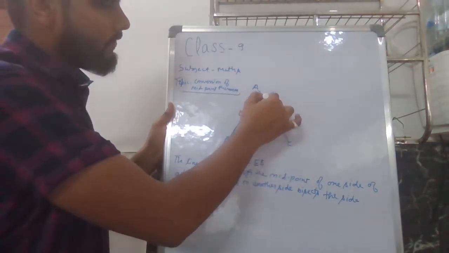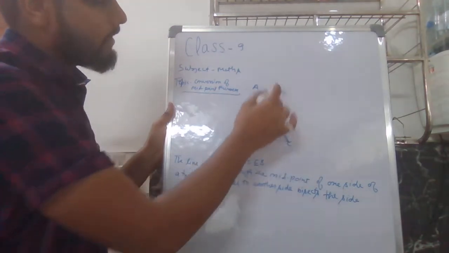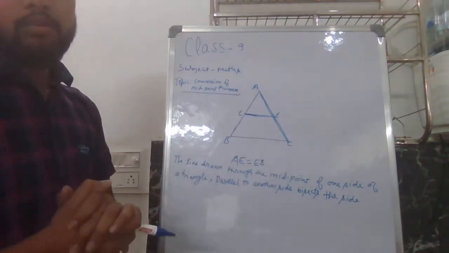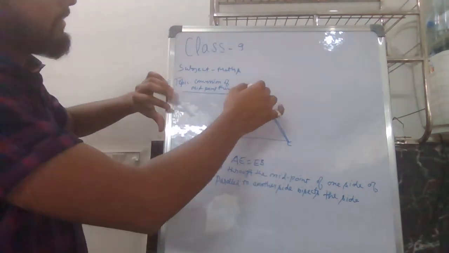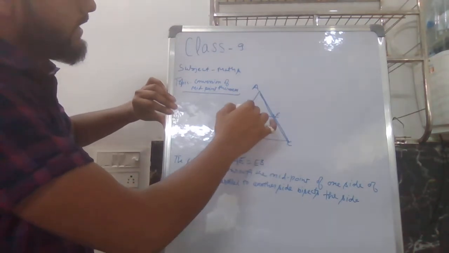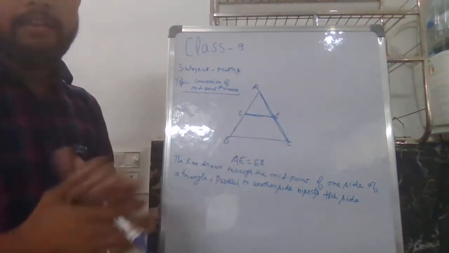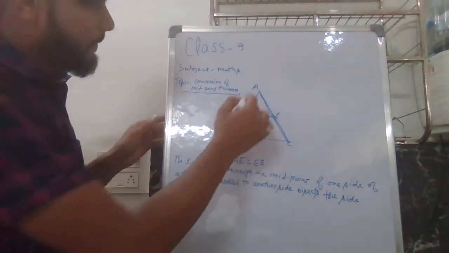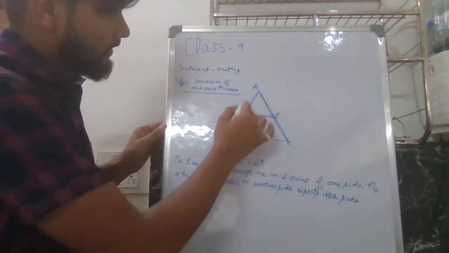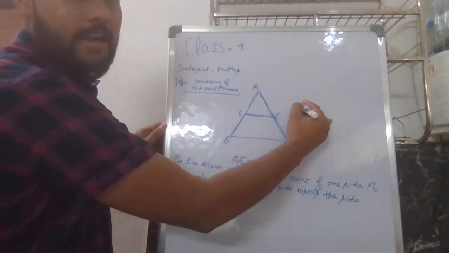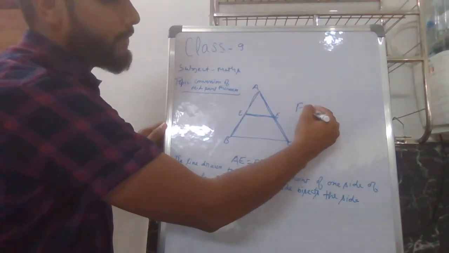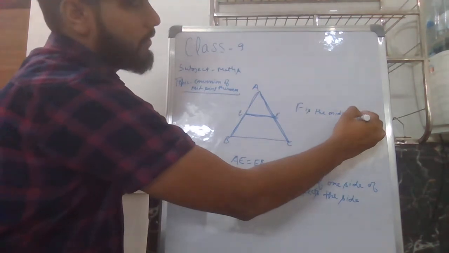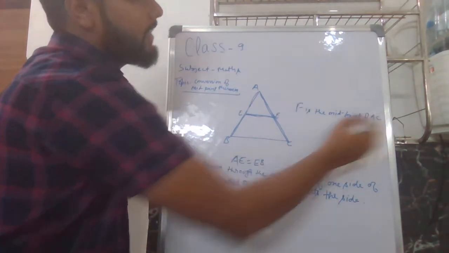Here we can see, by drawing this line, that F is the midpoint of A and C, and EF.